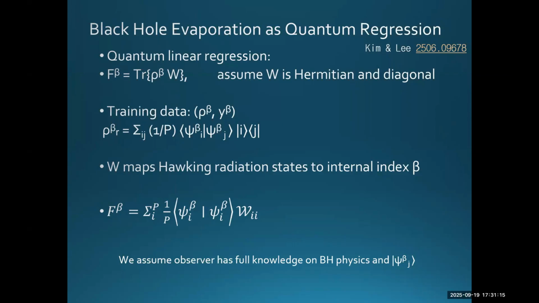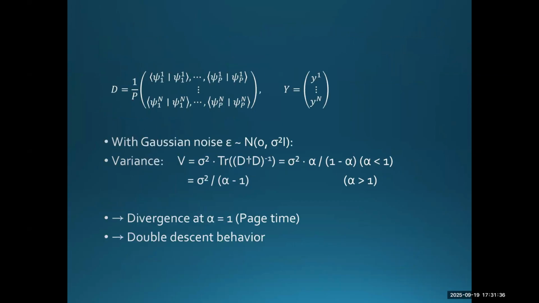And we assume, for simplicity, a diagonal operator, and assume the observer has full knowledge of black hole physics and the internal state. So it is not so natural or practical, but our estimation is purely mathematical.